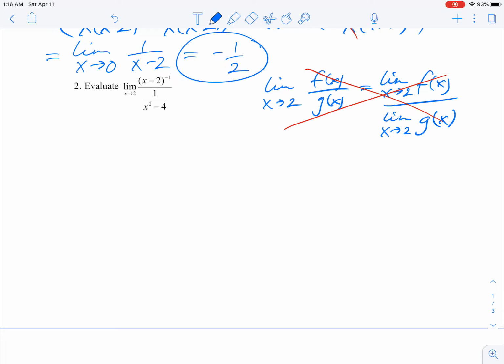Because again, if we plug in 2 to the numerator, it's undefined. It would be 1 over 0. If we plug it into the denominator, it's also undefined. So again, we must look at another way.